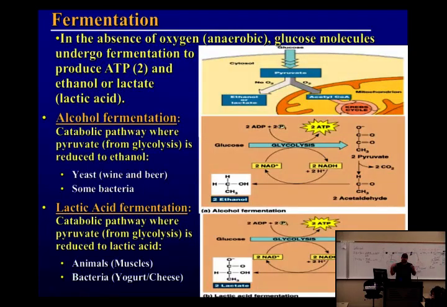Right. So you're going to see this again in chapter 10. If you don't learn it now, you're going to have to learn it again when we do photosynthesis, because photosynthesis works almost the exact same way. In fact, in the chloroplast, there are ATP synthases too. What do you think they do?